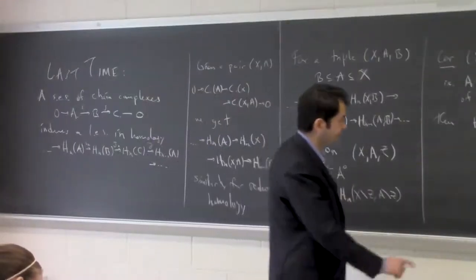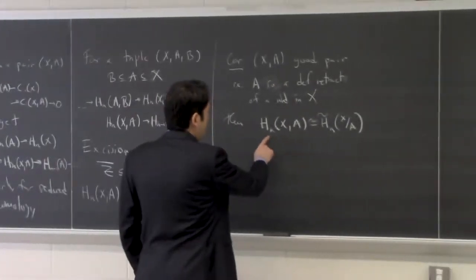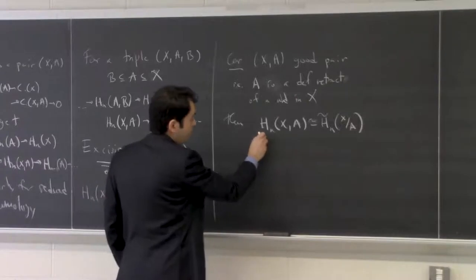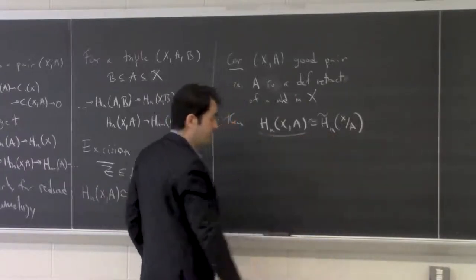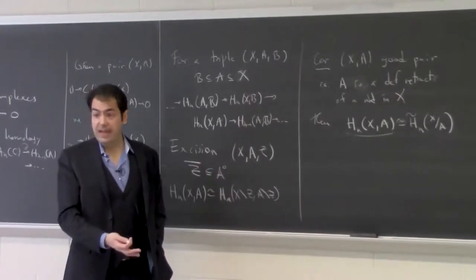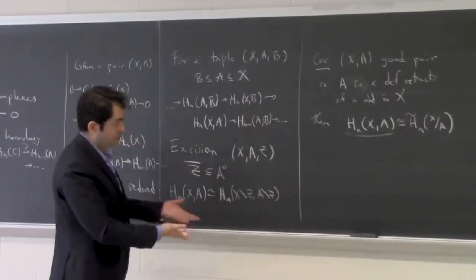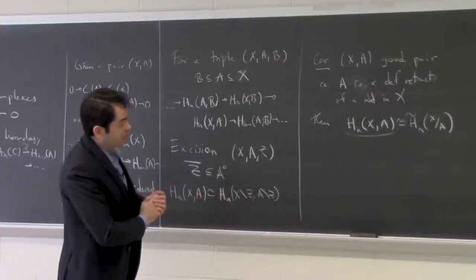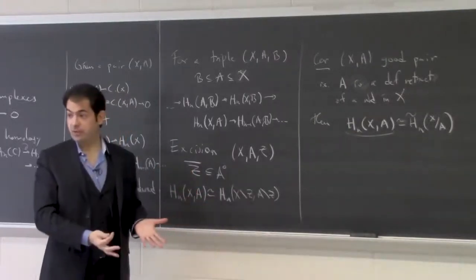Okay, so this tells us that for good pairs, the relative homology groups have this nice geometric interpretation. They are the homology groups of some space, and it's a very brutal way of deciding that A doesn't matter. You're just collapsing all of A to a point, right?